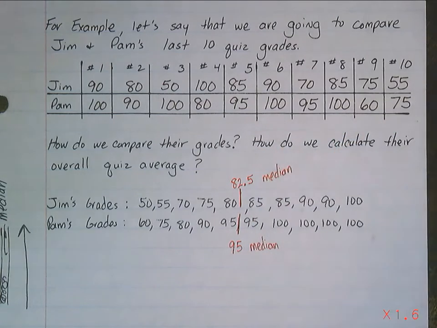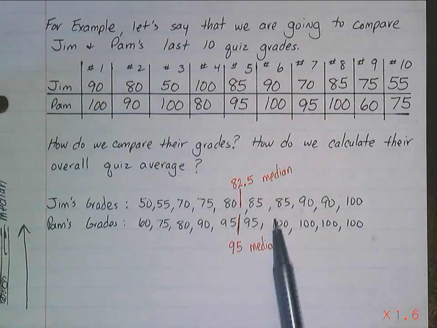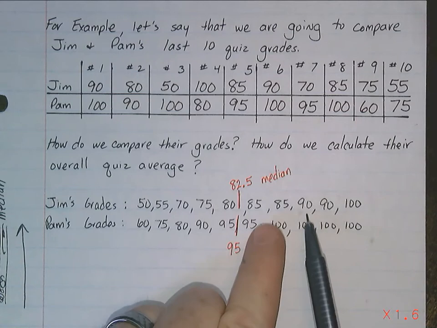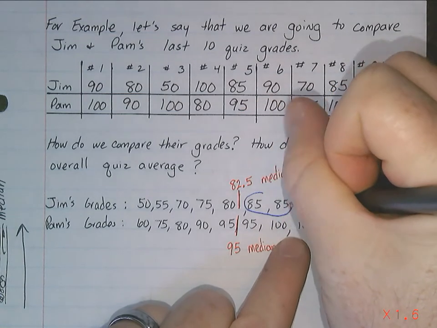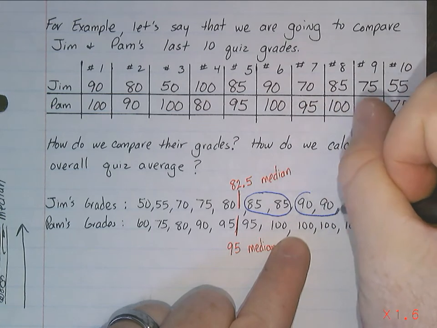The mode is the one that occurs the most. Okay, mode most. So the mode is going to be different for both. Here, the one that occurs the most, well, we've got kind of like a two-way tie for Jim. We've got one here, and we've got one here.